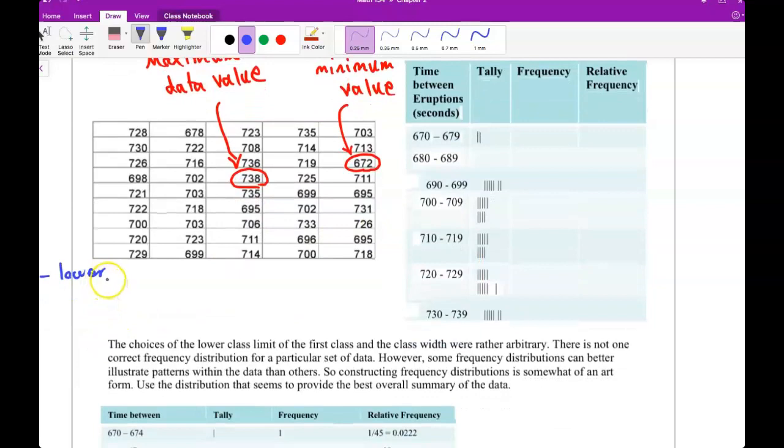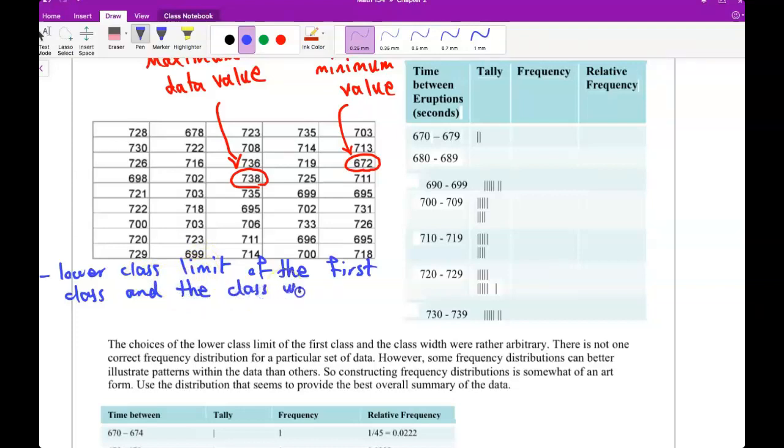The lower class limit of the first class and also the class width are arbitrary.